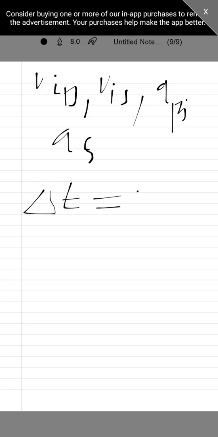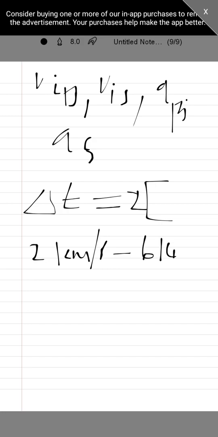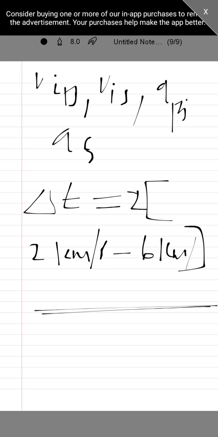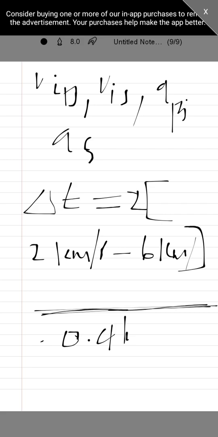So we have 2 multiplied by brackets of 2 kilometers per second minus 6 kilometers per second, all over 0 minus 0.4 kilometer per second, because this is acceleration, per second.